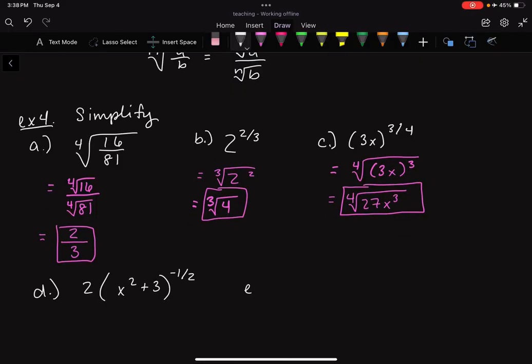So let me write this one a little closer here. This is the cubed root of 125 a to the 6th. And then I have one more in this little subsection that we got going on. Negative 32 y to the 5th over x to the 20th.